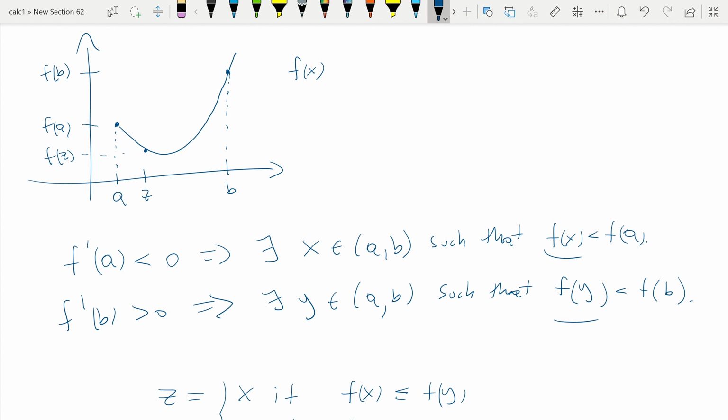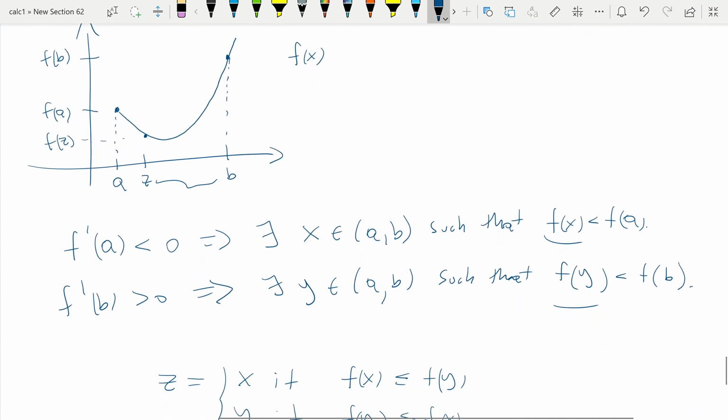And remember, the function is differentiable, therefore continuous. So this interval here from z to b, this is just a drawing, but it works if f of a, say, is bigger than f of b. If f of a is equal to f of b, then the result is immediate.